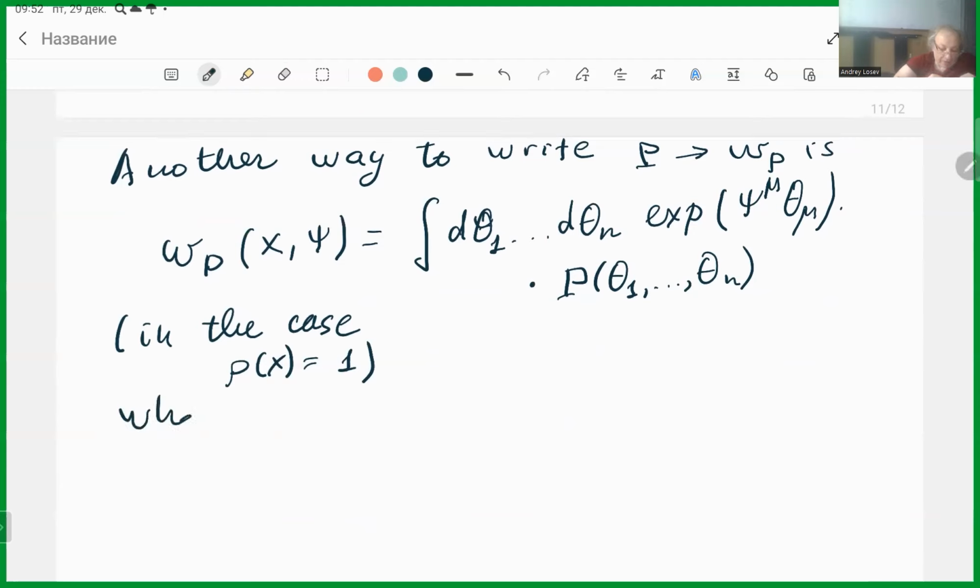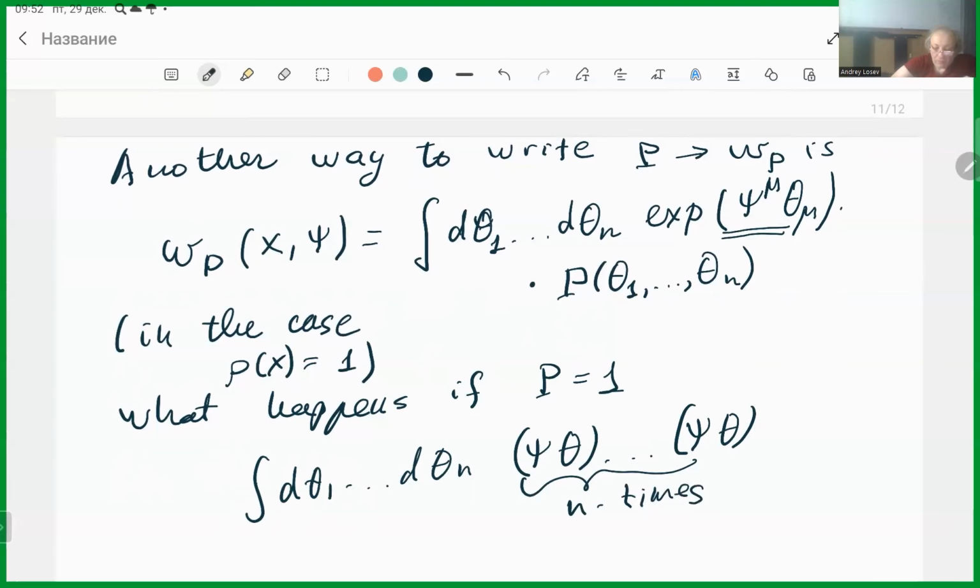So what happens if p is equal to 1? Then in order to take this integral, I have to expand the exponent n times to take the integral, and I will get psi 1, psi n.